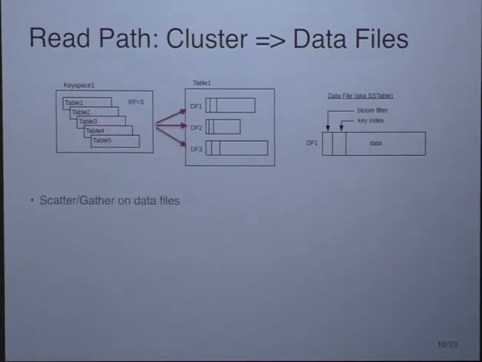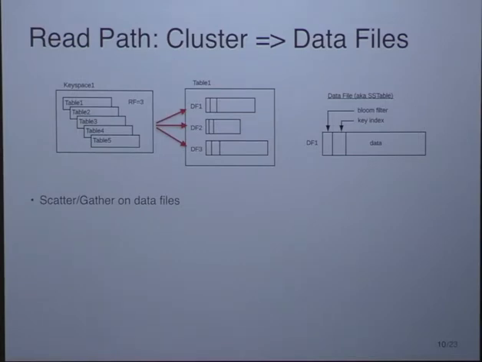So now, what does scatter gather look like, and how does it work? On a single node, a read is sent to all of the data files. Some of the data files it bounces off of because the Bloom filter says, the record you're looking for, I don't have any of that data. I know I don't have it.